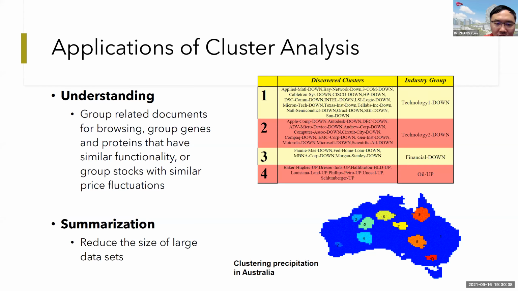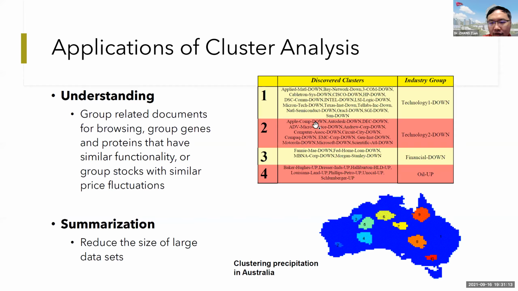Also, we can group genes and proteins that have similar functionality, so we can do better analytics. Or we can group stocks with similar price fluctuations. Then we might identify clusters of stocks which share similar performance, and based on their behavior and patterns, identify some secrets behind it.